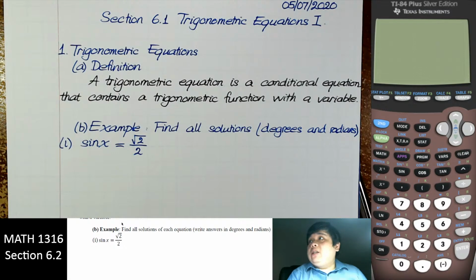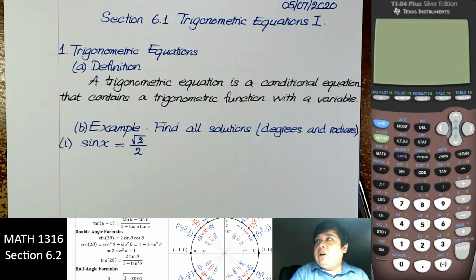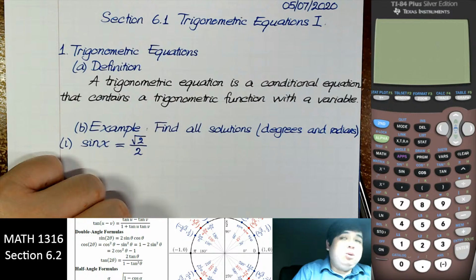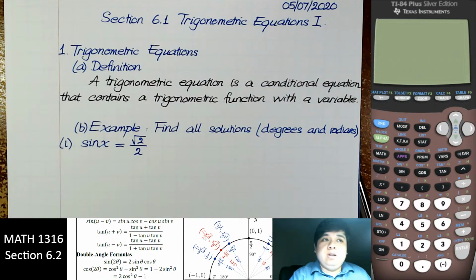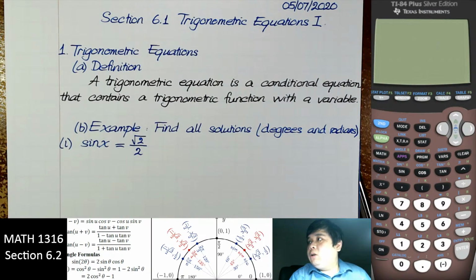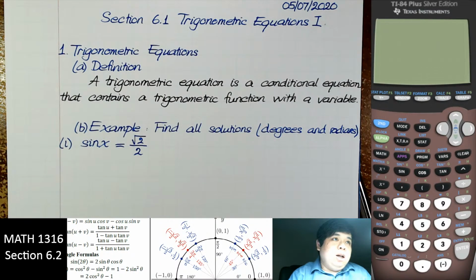Now another way is we look at the unit circle. So here we have a unit circle. The sine is the y values. So we look at the y values that equal square root of 2 over 2. Square root of 2 over 2 is here.